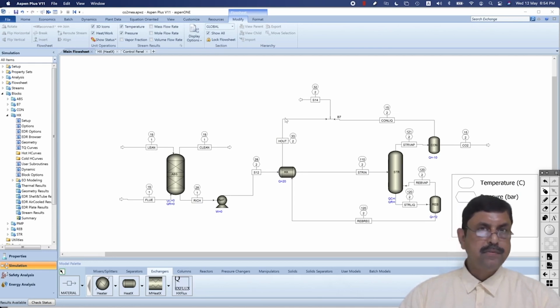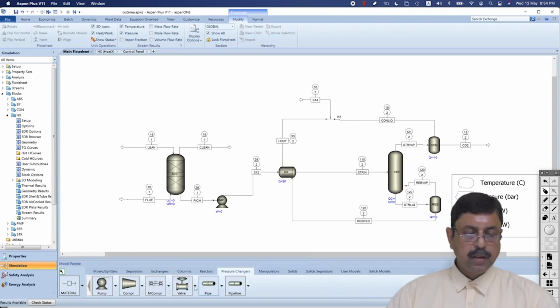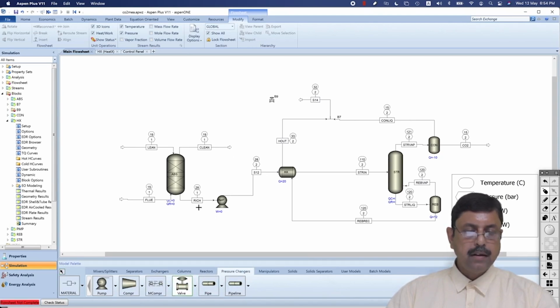Rather, we have to use a valve over here so that we can reduce the pressure to 103.15 kilopascal. And obviously we need a cooler to cool down the temperature from 32 degrees centigrade to 19 degrees centigrade. So we need a valve over here and one cooler in series.